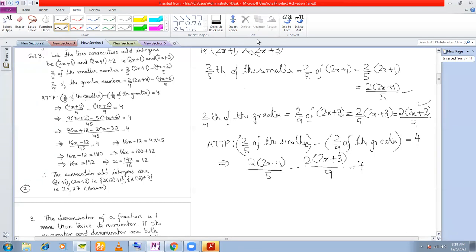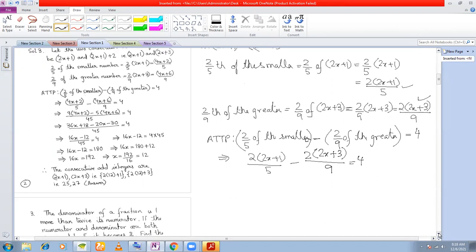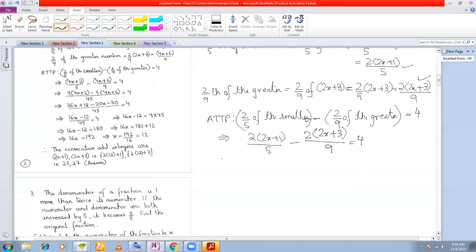Now this is an equation that we are getting, and we need to solve it. How do we solve this equation? Take the LCM. The LCM of 5 and 9 is 45. 45 divided by 5 is 9, so 9 into 2 into 2x plus 1, minus 45 by 9 is 5, so 5 into twice 2x plus 3.